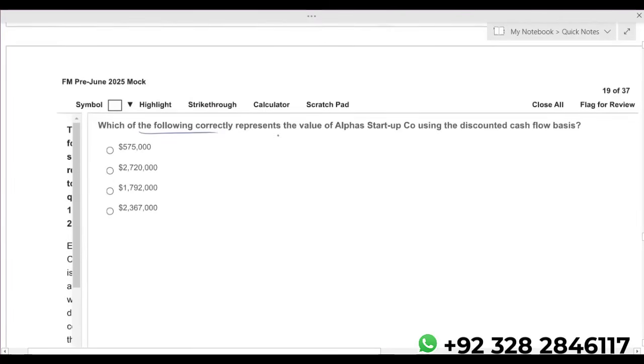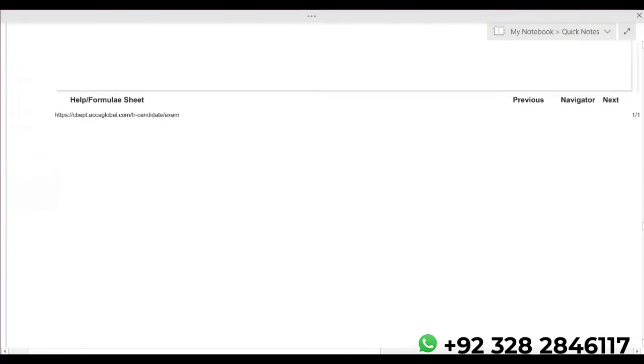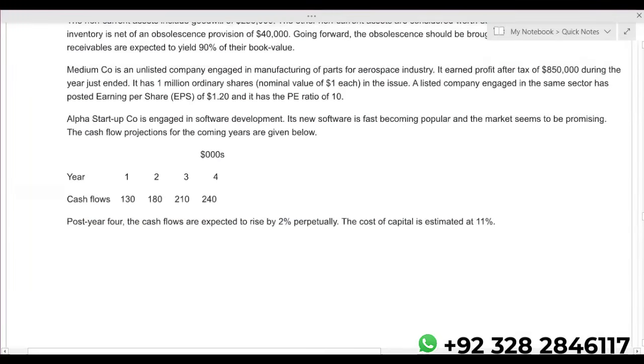Which of the following correctly represents the value of Alpha startup using discounted cash flow basis? Now listen carefully, students. Whenever I need to value the business on discounted cash flow basis, don't forget one thing. Let me explain.